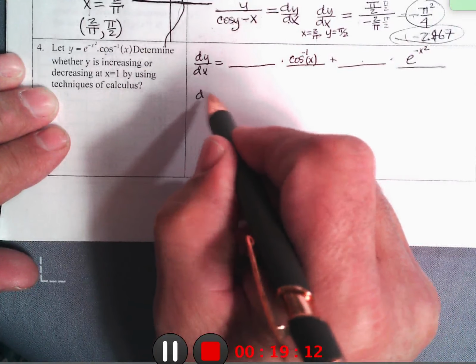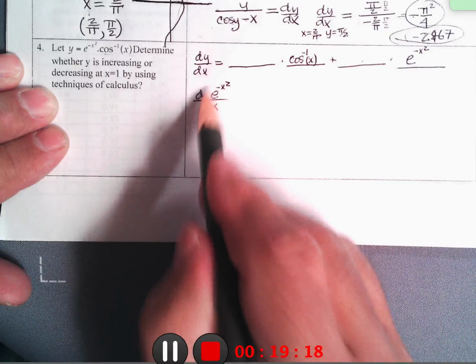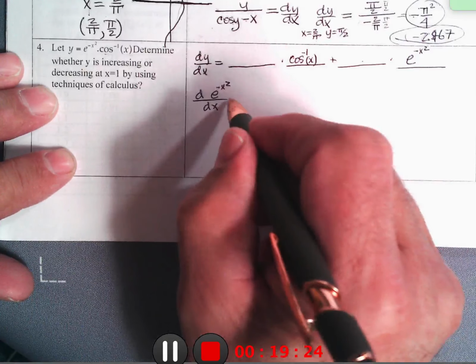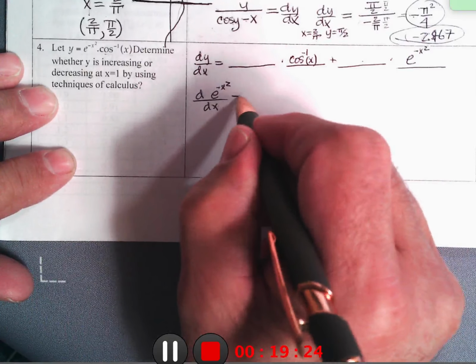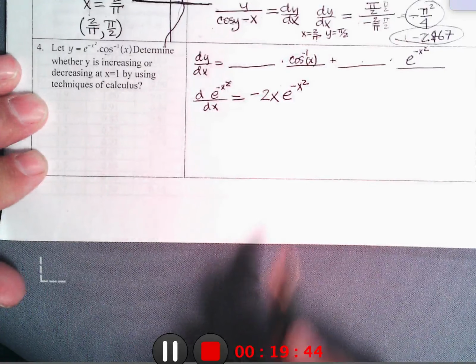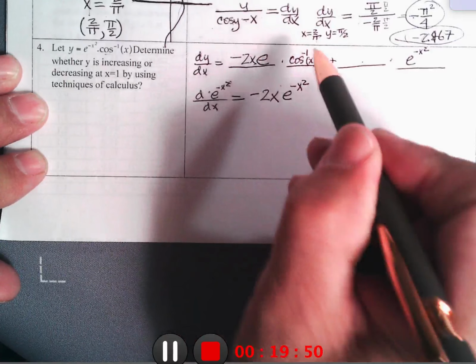Now, the derivative of the first, d e to the minus x squared dx, I see chain rule in that. I have minus x squared. The derivative of that is the inside of the e to the something formula, so that's going to be minus 2x to the 1 times the derivative of the bigger picture. Derivative of e to something is e to the something. So that's the derivative of the first, minus 2x e to the minus x squared.